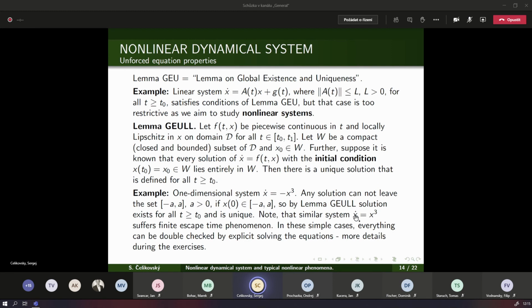And exactly as I told, if you take this solution, then you may try to compute it, but this solution will escape very quickly to infinity in finite time.